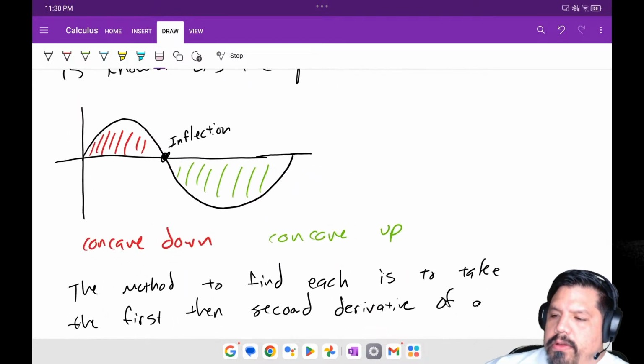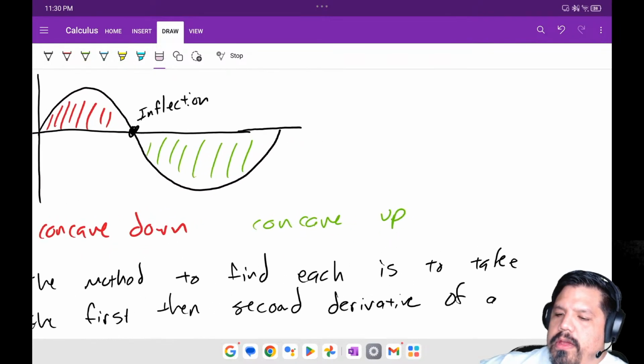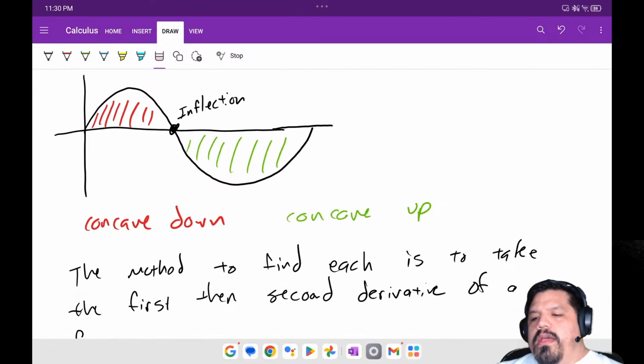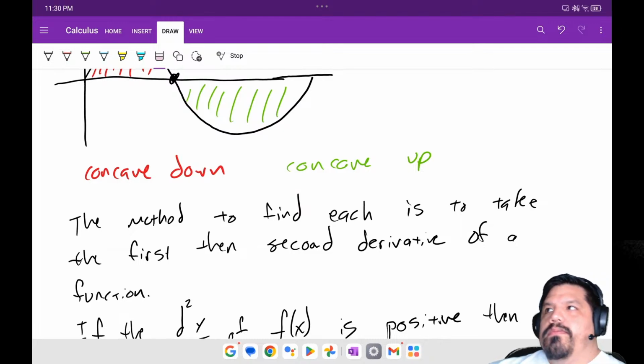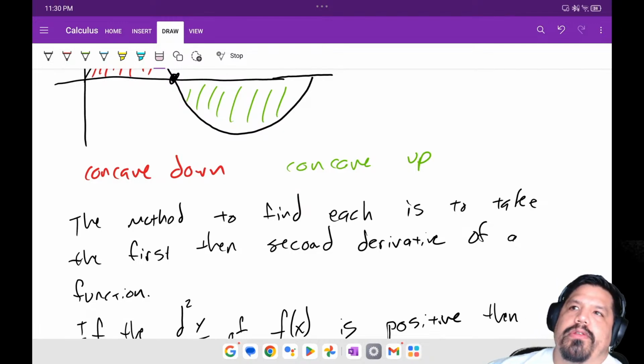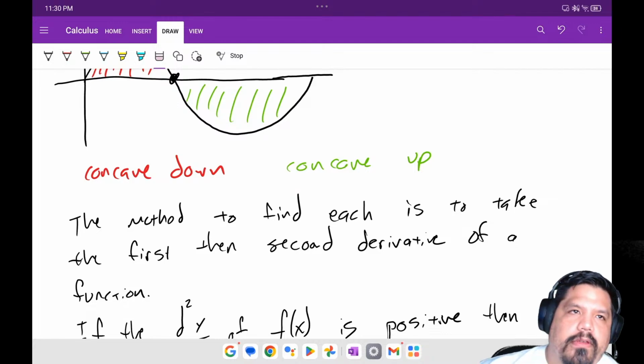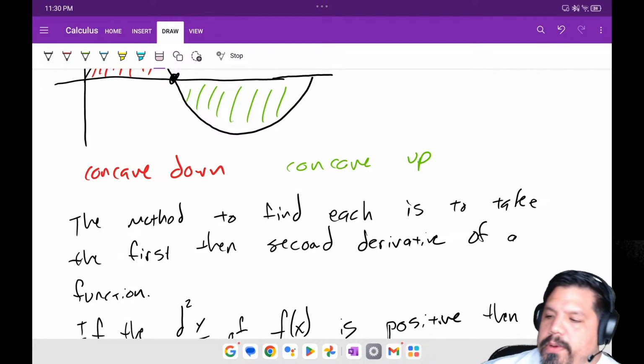Okay, so let's talk about a little bit what we're going to see today. This is the method. The method to find each is to take the second derivative of a function. Now this is assuming everybody knows how to take the derivative of a function. You're going to use, for the most part, power rules.